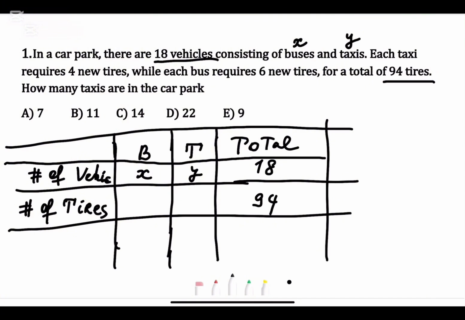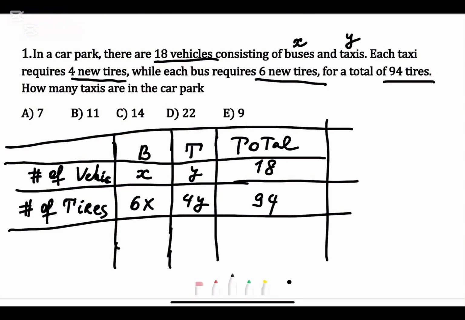Well, since each taxi needs 4 new tires, as it's written here, and each bus needs 6 new tires, number of tires for X number of buses would be 6X, and number of tires for Y taxis would be 4Y.